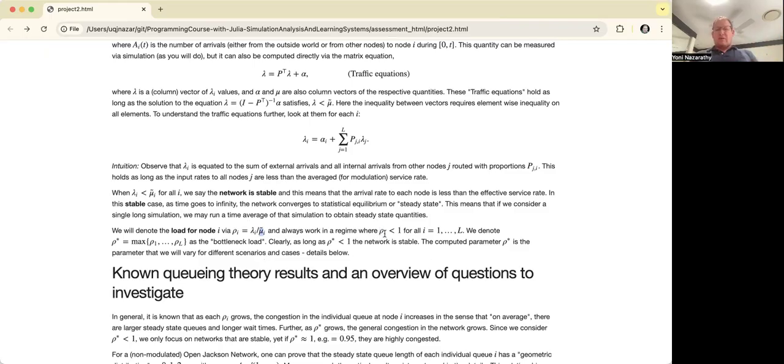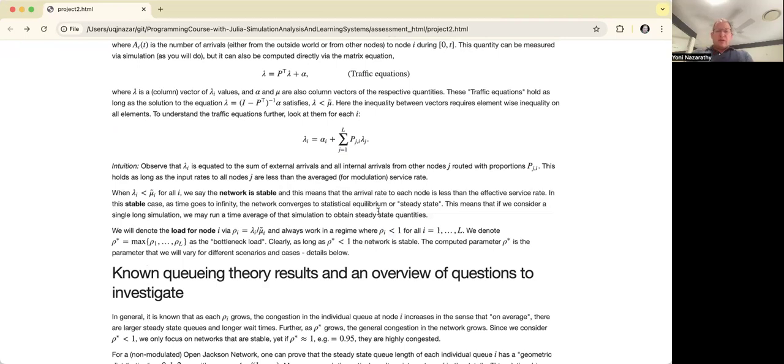And if all these rho i's are less than 1, then all queues are stable and the network is stable. And specifically call rho star the maximum of all these rho i's. And that's actually going to be the bottleneck load. That's going to be the load on the station that's actually busiest, maybe the most popular ride, perhaps in an amusement park setting.